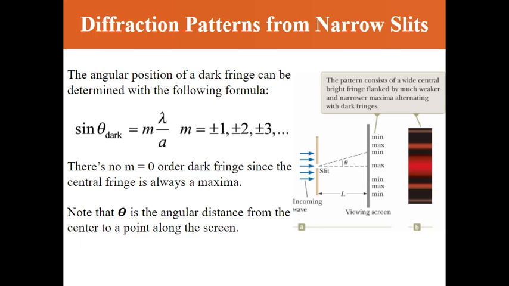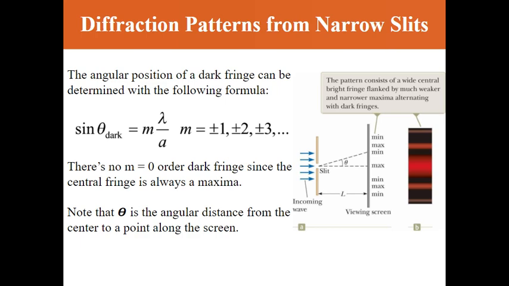The formula gets you to specify what order of fringe you're looking at, and the idea is that they're measured from the center and then away from the center. That's why the first order fringe would be the two dark fringes right next to the central fringe. Note that there's no order zero, because order zero will be the center, but in the center there's always a bright fringe.